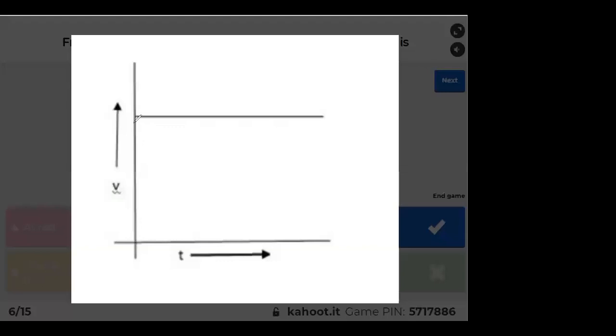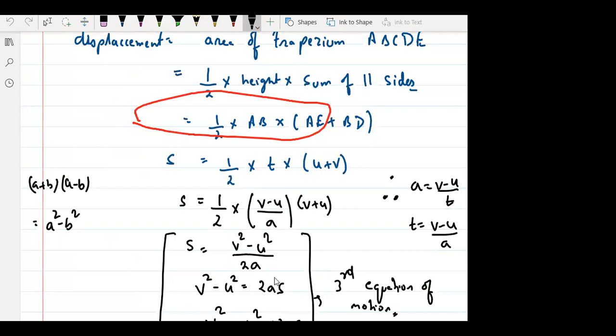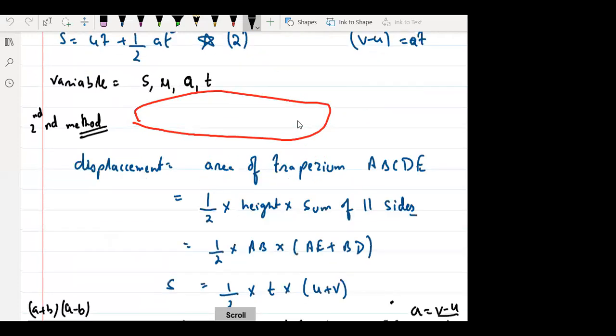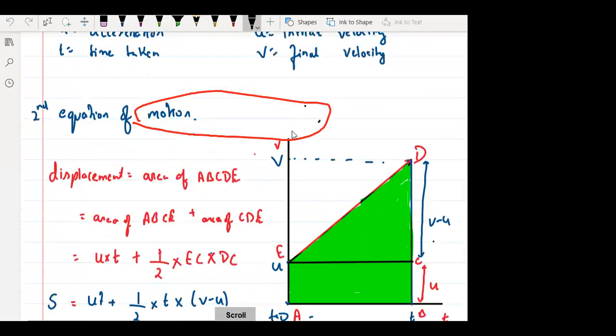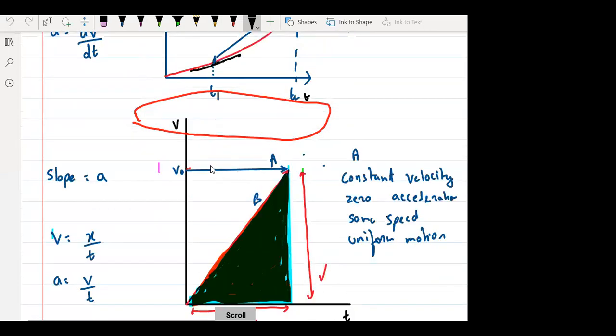See again, what is this? What is the meaning of this? Tell me, what is the meaning of this? I taught this today only. Yes or no? If you remember, today only I said. What is the meaning of this?